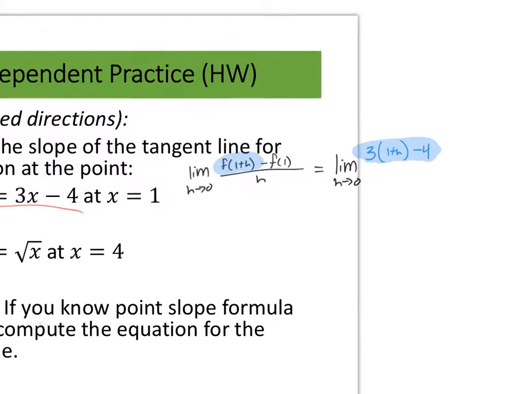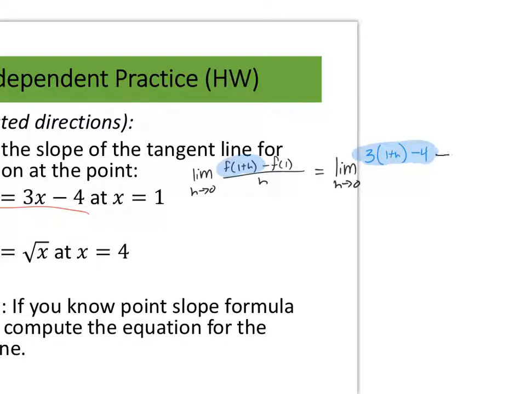Minus f of 1, so 3 times 1 minus 4. And this red stuff here is this red stuff in there. All of that over h.